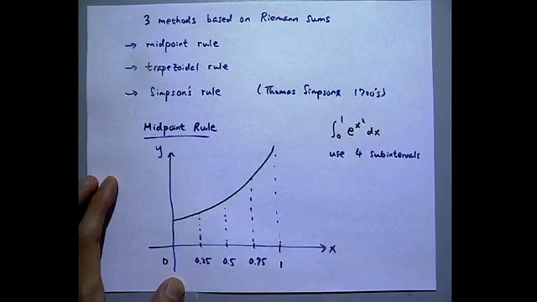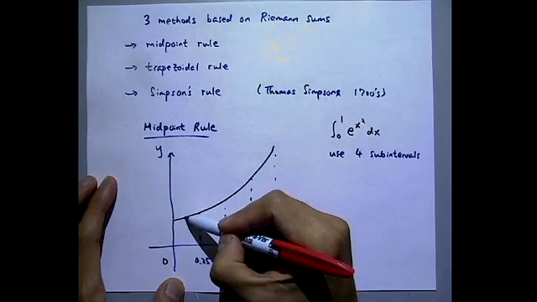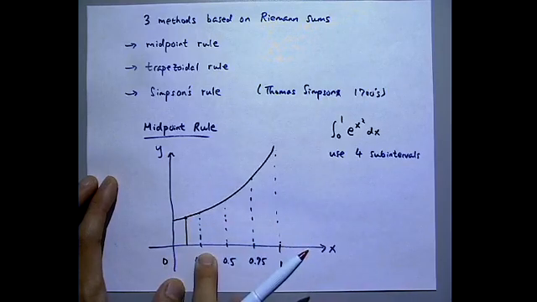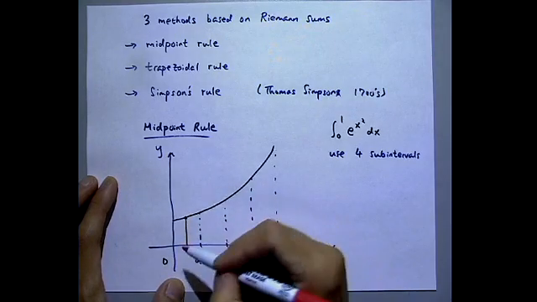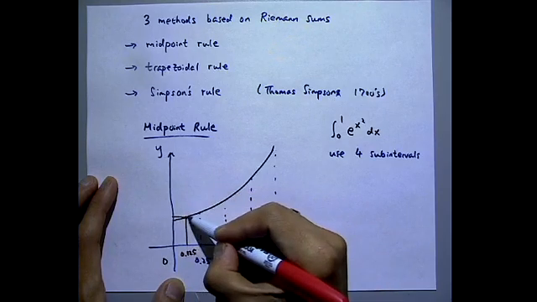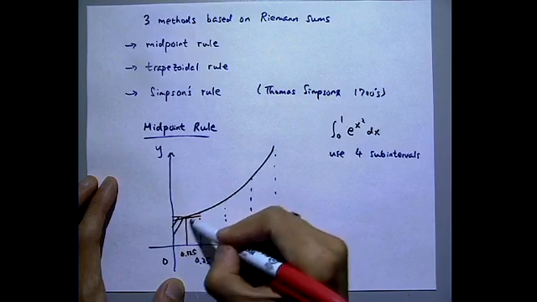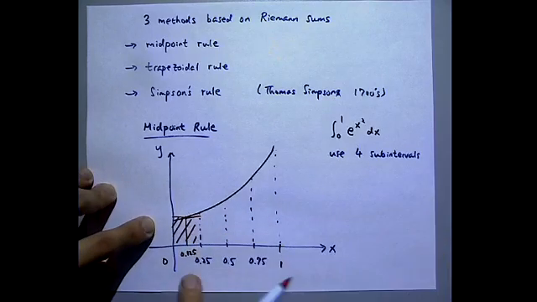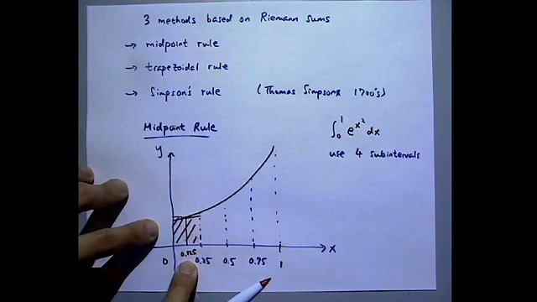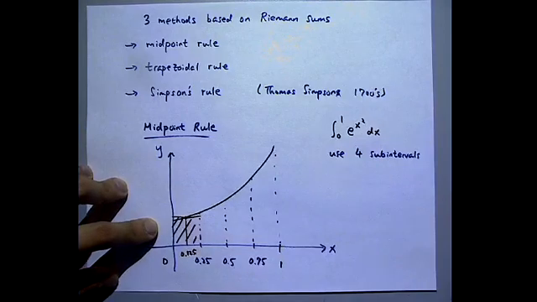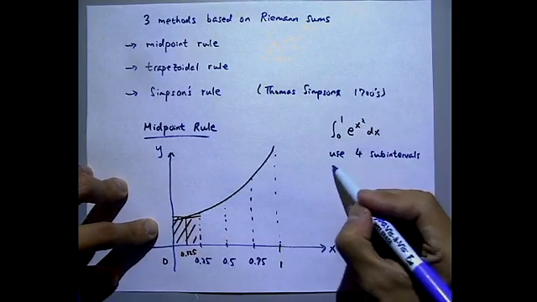We're going to use a rectangle that's as tall as the midpoint in the sub-interval to determine the height. So the first rectangle, the height comes from x equal to 0.125, and y is equal to e to the 0.125 squared.